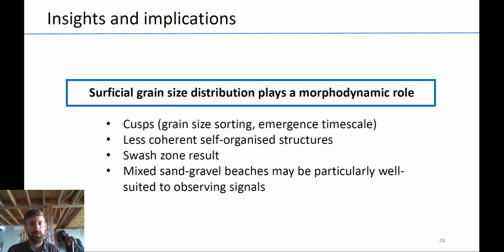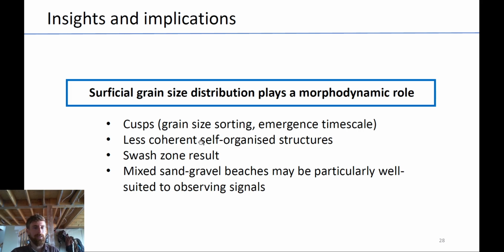Important to note that this is a swash zone result. The data I've come up with are a result of processes in the swash zone, and must be considered a swash zone result. And it looks like, as I alluded to, mixed sand gravel beaches are particularly well suited to observing signals of this kind.